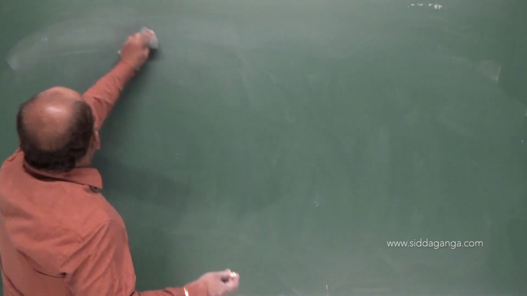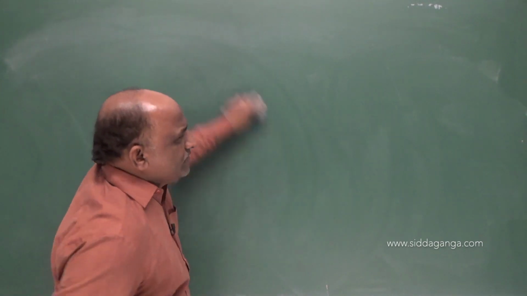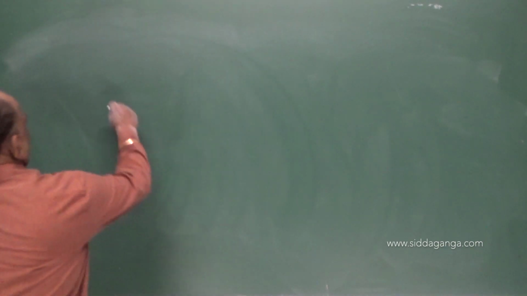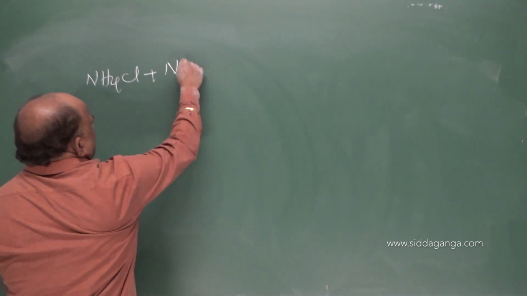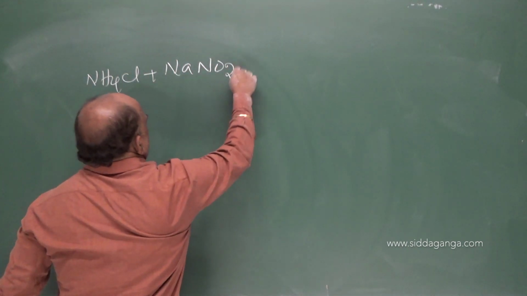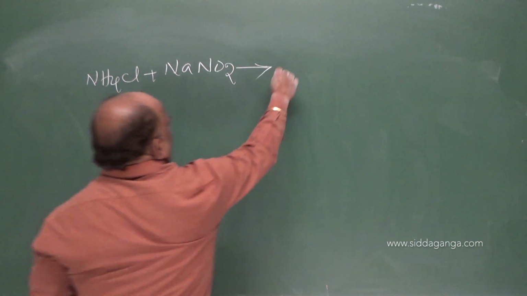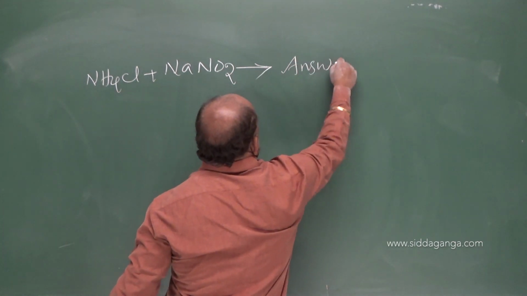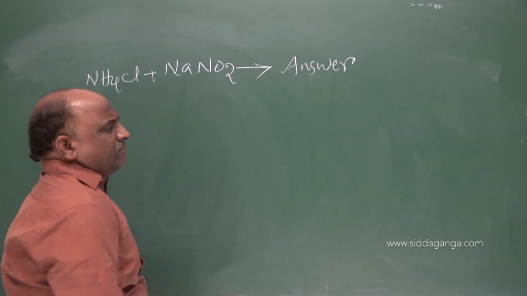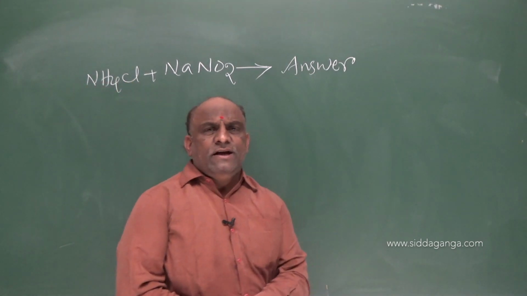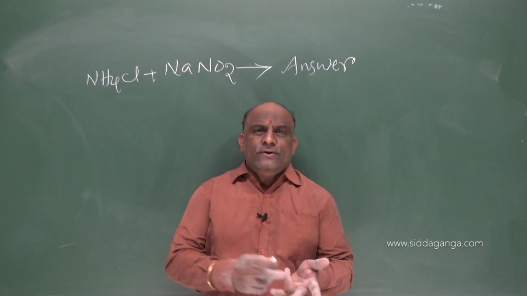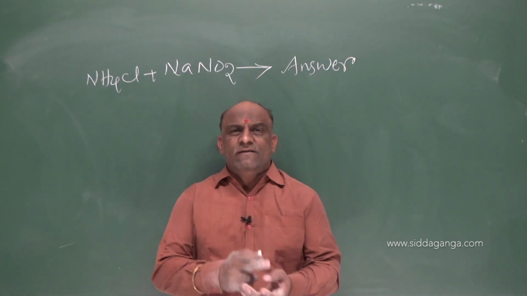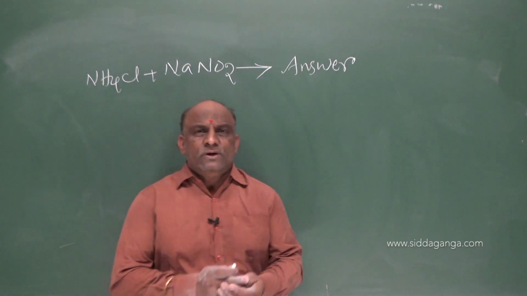Suppose the reaction was given like this: NH4Cl plus NaNO2 gives rise to what? We have to find the answer. What we discussed regarding N2: N2 is non-toxic, odorless, colorless, tasteless, and 78% is available in atmospheric air.